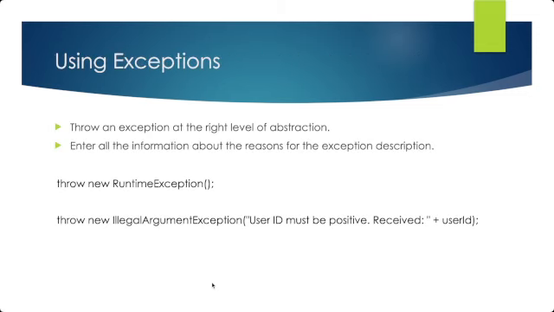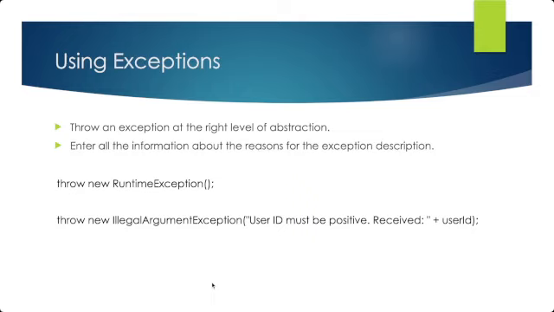Another recommendation: enter all information about the reasons for the exception in the description. Here I have two examples. The first example is bad code because it does not contain any information. What runtime exception? How did it happen?